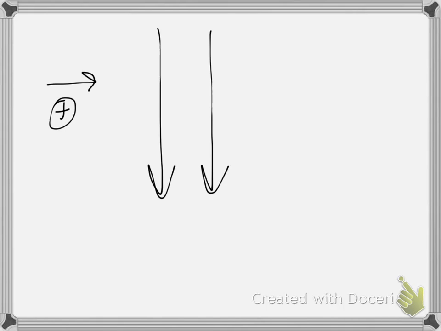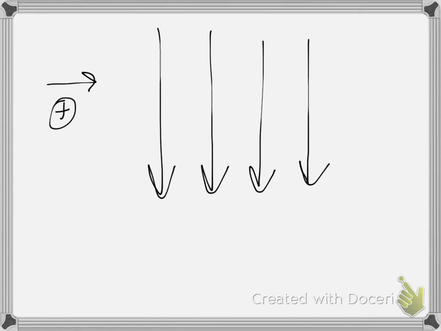Okay, so let's look at an example where we have a particle traveling in a uniform magnetic field where the motion and the magnetic field are perpendicular to each other.